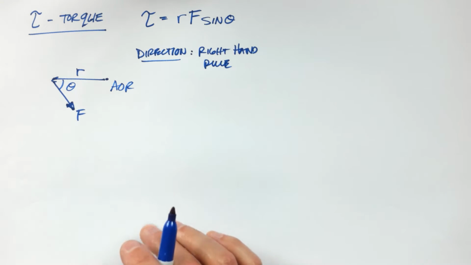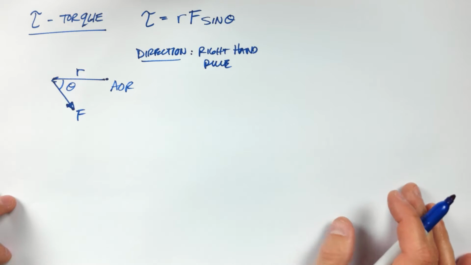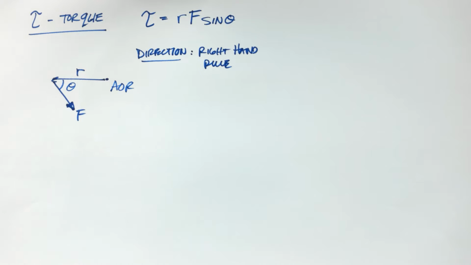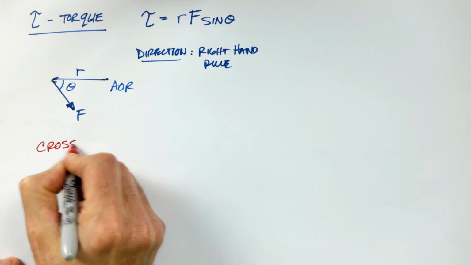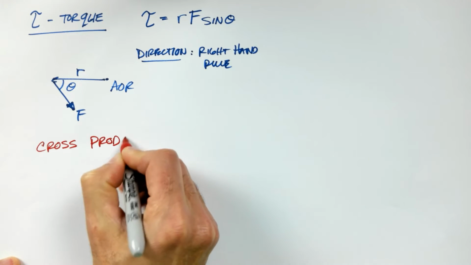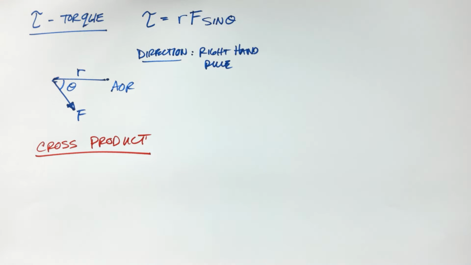Well, something that's new that we want to introduce here is this idea of the cross product. Let me use a different color here. So let's go to red. And so we're going to use the cross product. Anytime you're doing a cross product of two different things, it tells you the perpendicular component of one vector with respect to the other.